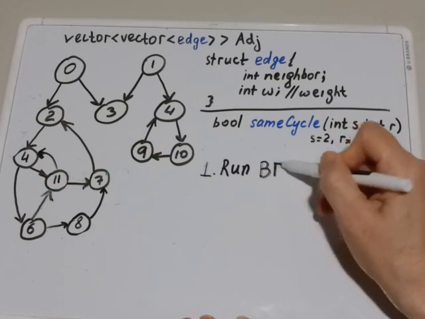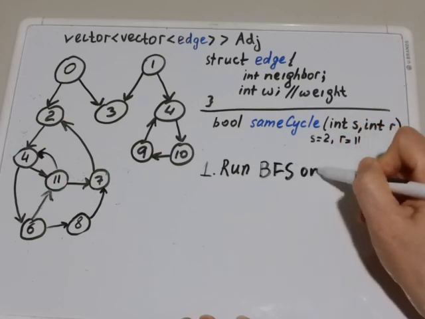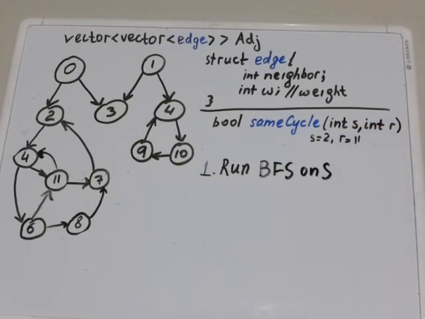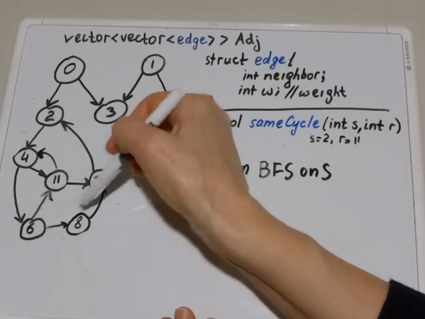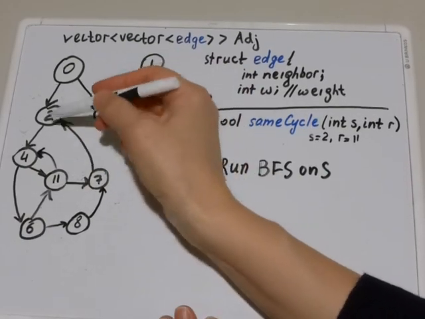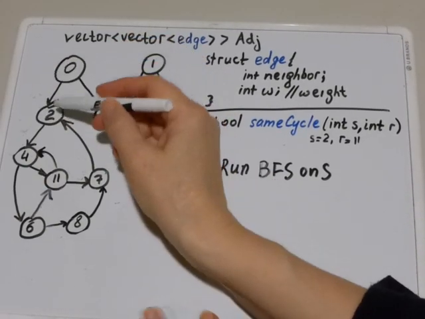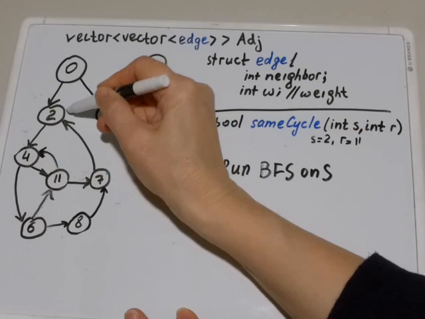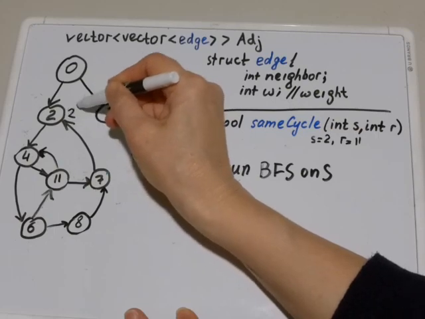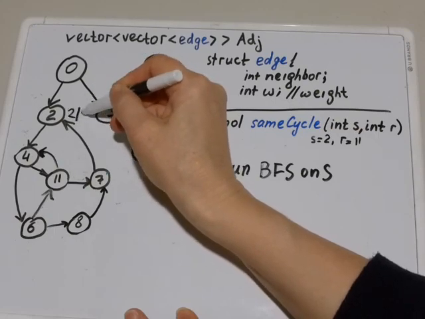Let me try BFS on S. And as you know, BFS uses distance array, and it will calculate all the shortest distances and the parents of these distances. So if I run BFS on 2, BFS will set parent of 2 to 2, and distance will be set to 0.